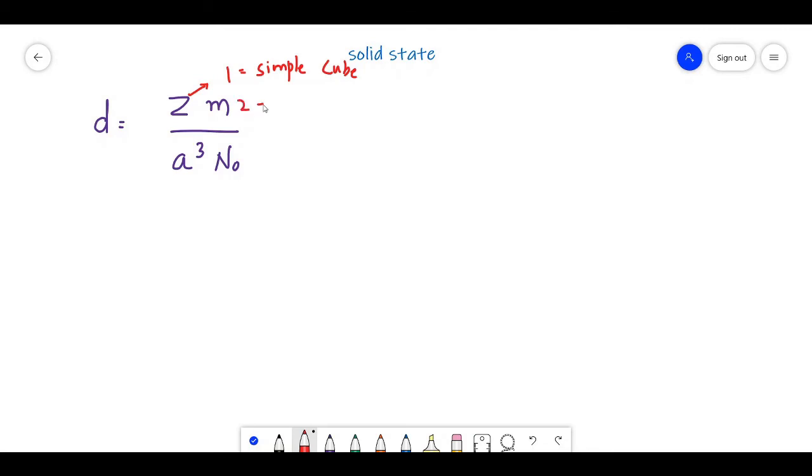And Z value is 2 for body centered cubic BCC, and Z value is 4 for FCC. N naught is nothing but Avogadro number, so it is 6.023 into 10 to the power of 23. And here a is edge length. We have to take it in meters. Mostly edge length will be given in angstroms, so convert this into meters.